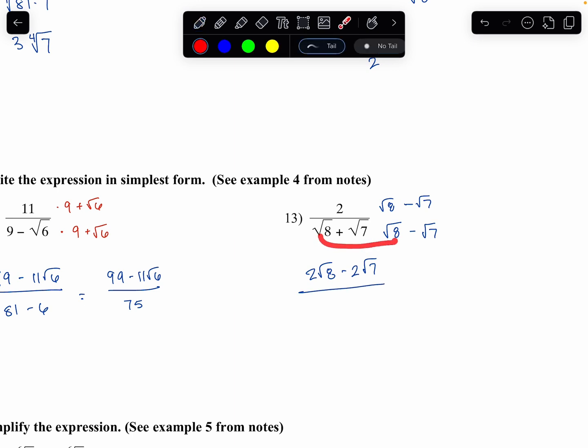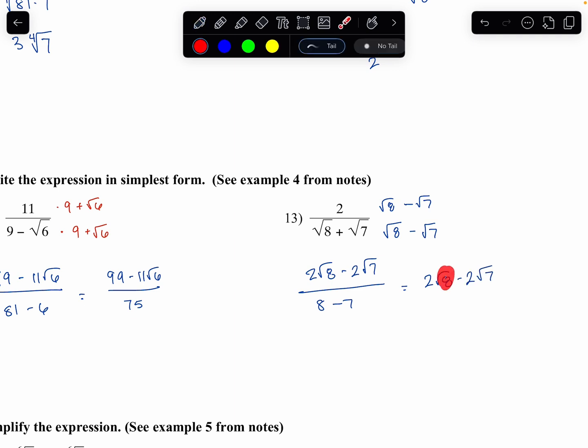When I multiply square root of 8 by square root of 8, that becomes 8. It doesn't really matter what the outer and inner terms are going to be, because when I add them, they'll cancel. And then that's going to become minus 7. So that's going to become 2 root 8 minus 2 root 7.